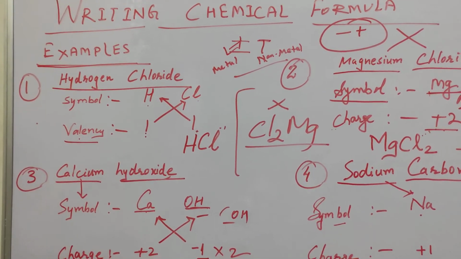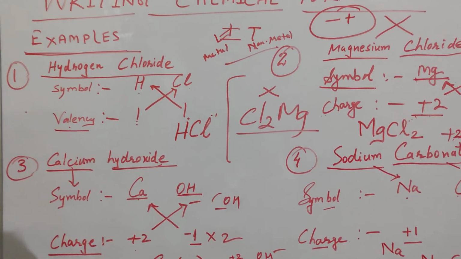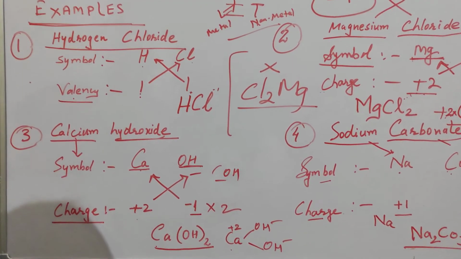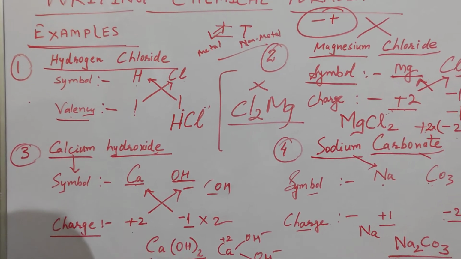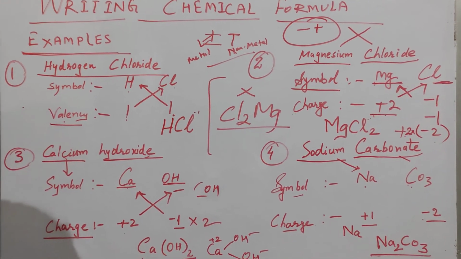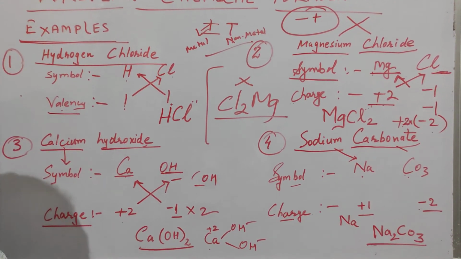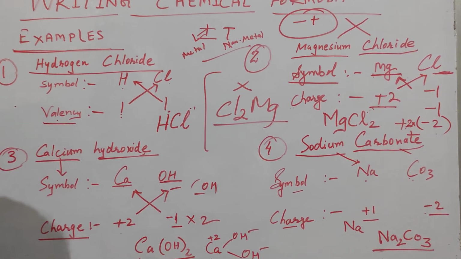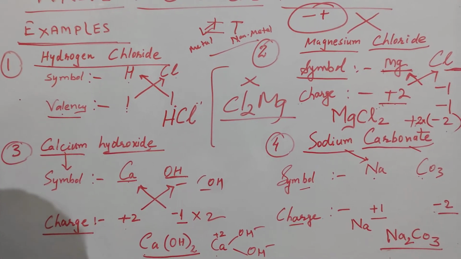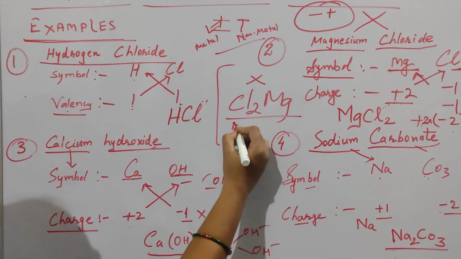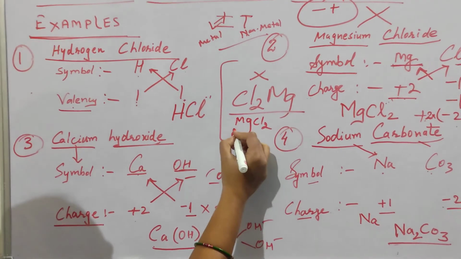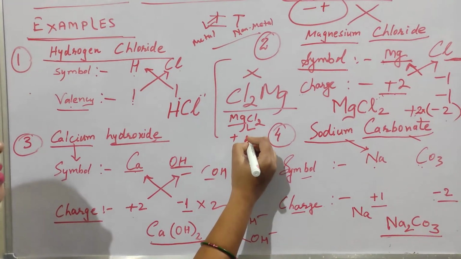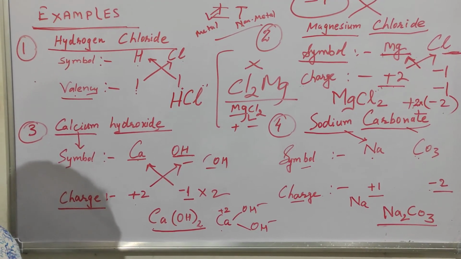So if you have a habit of writing in such a way, please remove that habit after watching this video and keep the rules in your mind, because you have a foundation to go with the topic by following the rules given by the IUPAC organization. And of course it will be MgCl2. Metal will always be followed by non-metal, or plus charge will always be followed by negative charge.